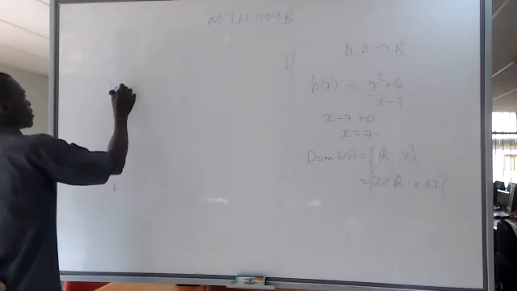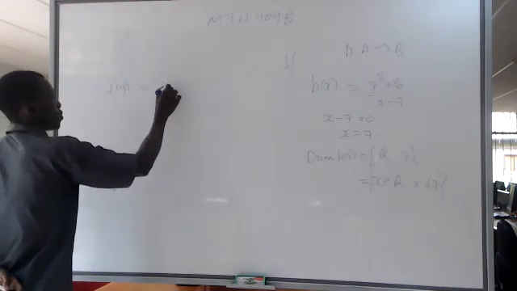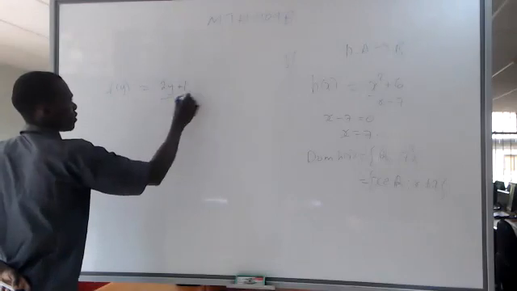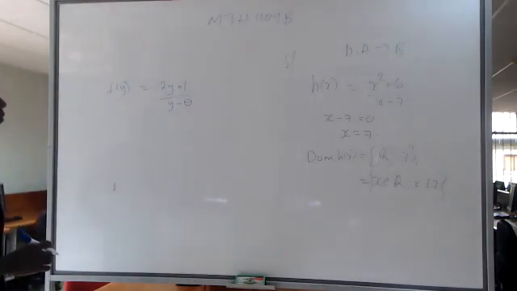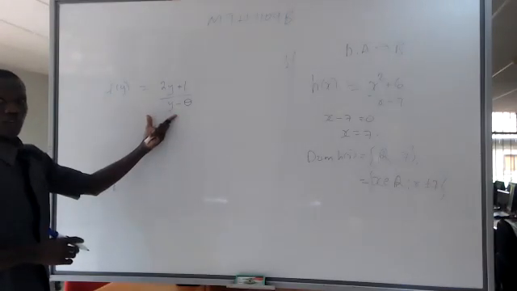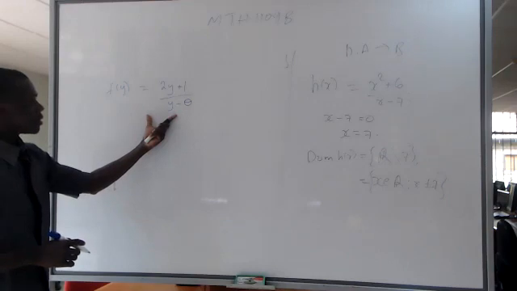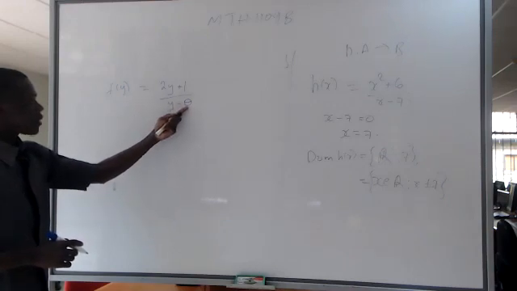The function was 2y plus 1 divided by y minus theta. Is this the function I gave? It's not y minus 0, this was y minus theta.